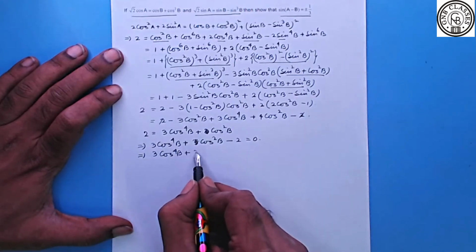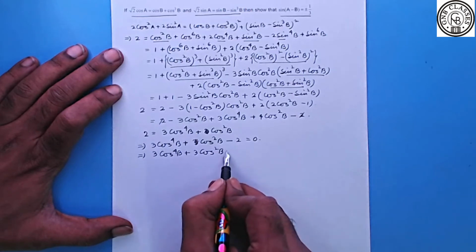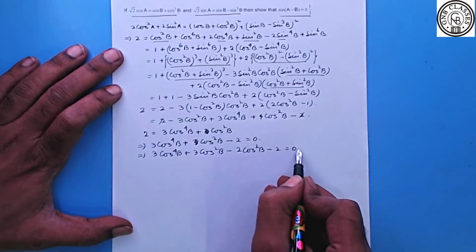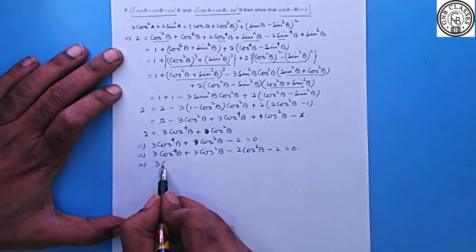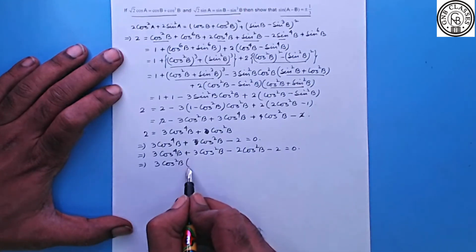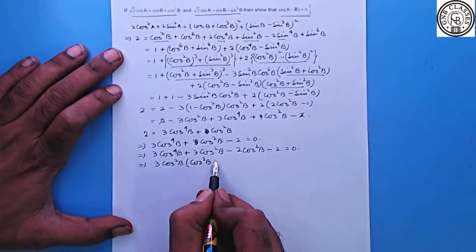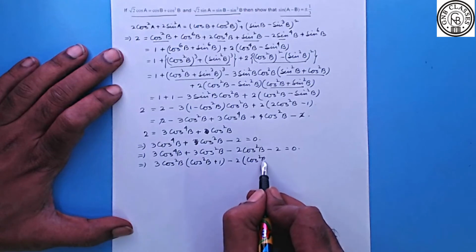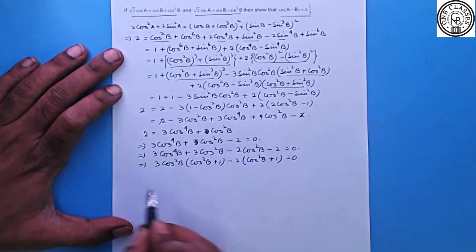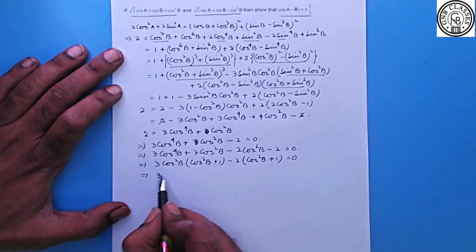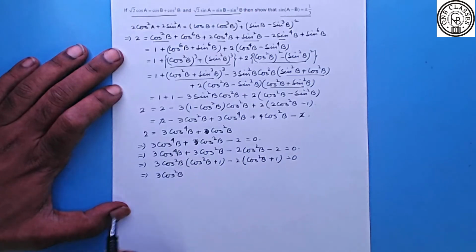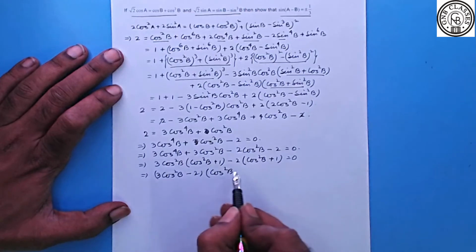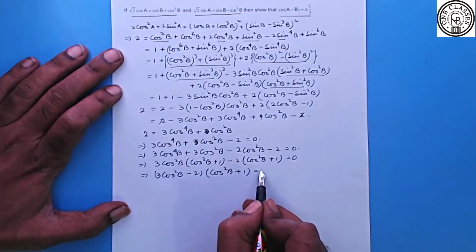So 3 cos to the power 4B plus 3 cos square B minus 2 cos square B minus 2 is 0. If I take 3 cos square B common from the first 2, we are having cos square B plus 1, and minus 2 from the last two, so we are having cos square B plus 1 again. So (3 cos square B minus 2)(cos square B plus 1) equals 0.